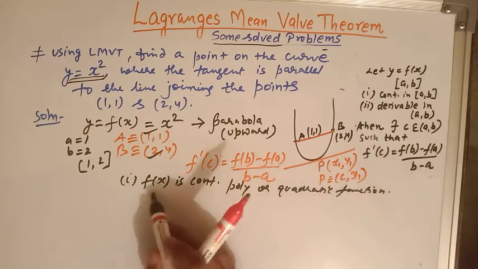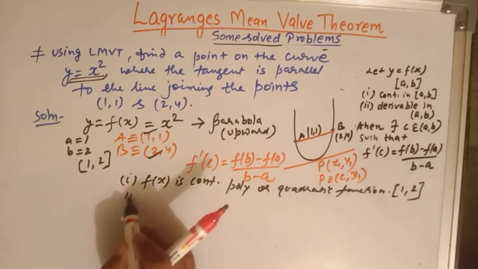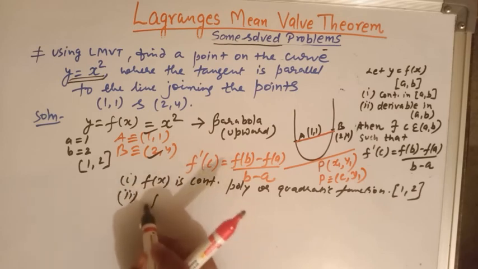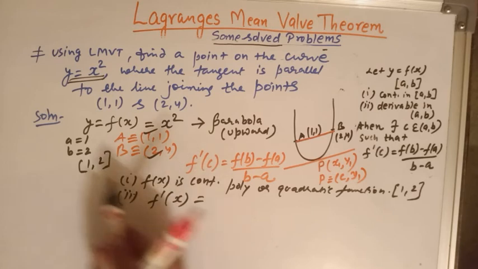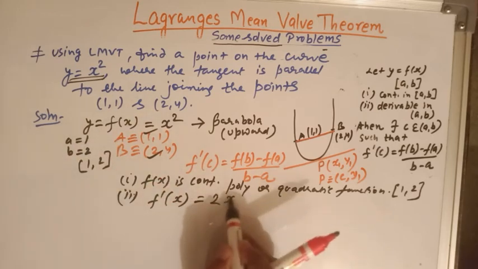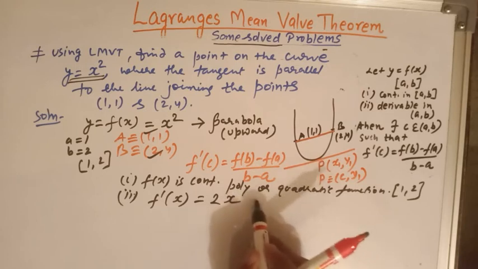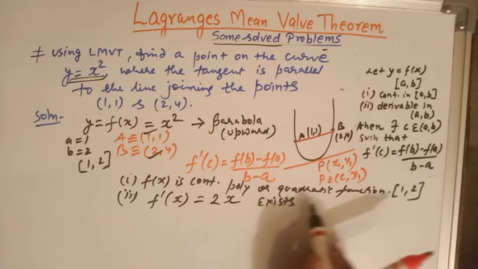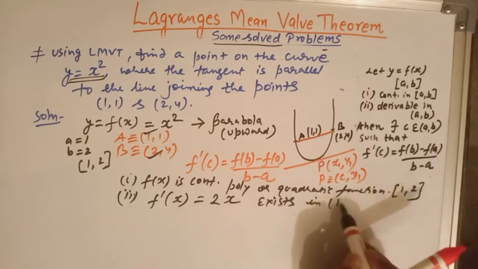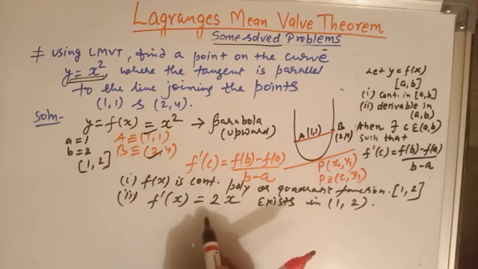So this function f(x) is continuous in [1, 2]. Now the second condition: we find the derivative of f, which is 2x, and it is clear that this exists in (1, 2).